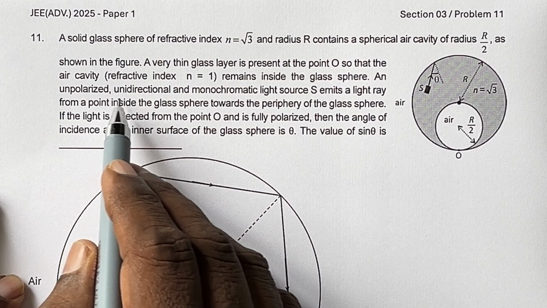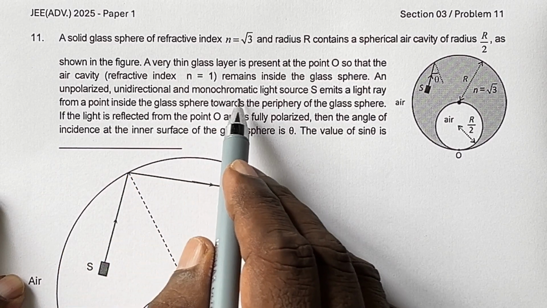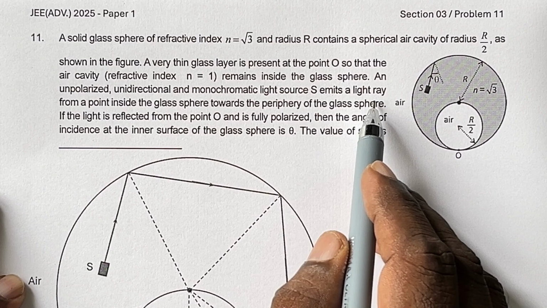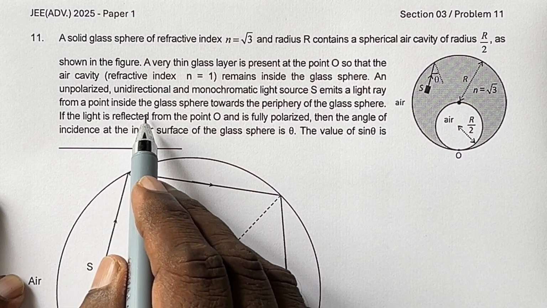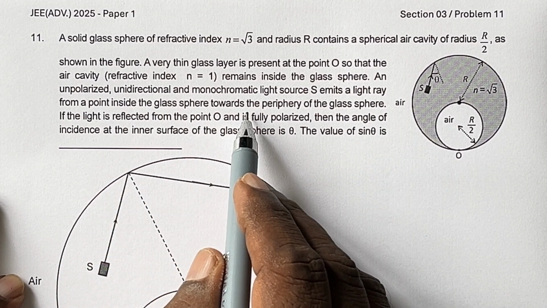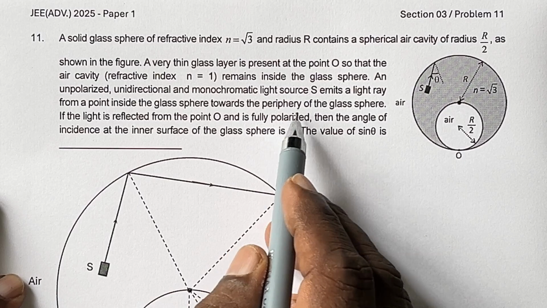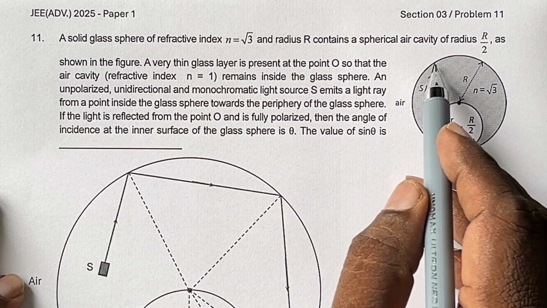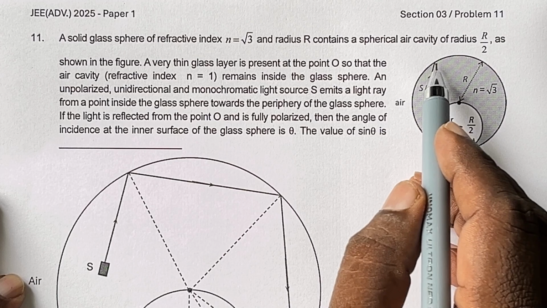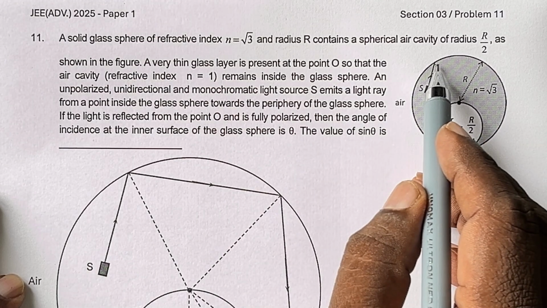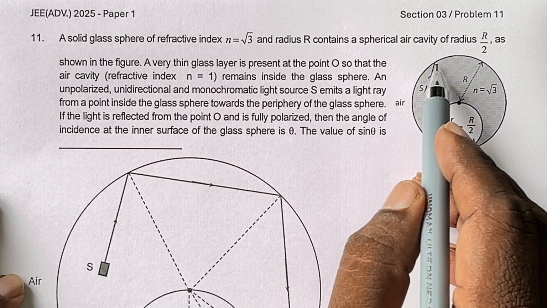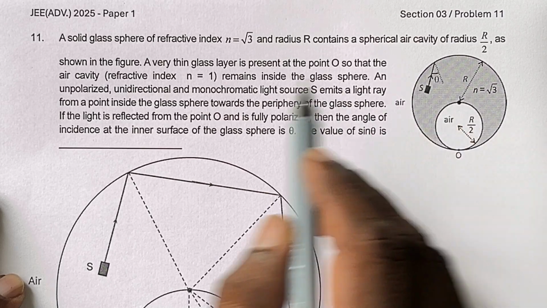An unpolarized, unidirectional and monochromatic light source S emits a light ray from a point inside the glass sphere towards the periphery of the glass sphere. So the light is reflecting back into the sphere on falling on the periphery of the glass sphere.